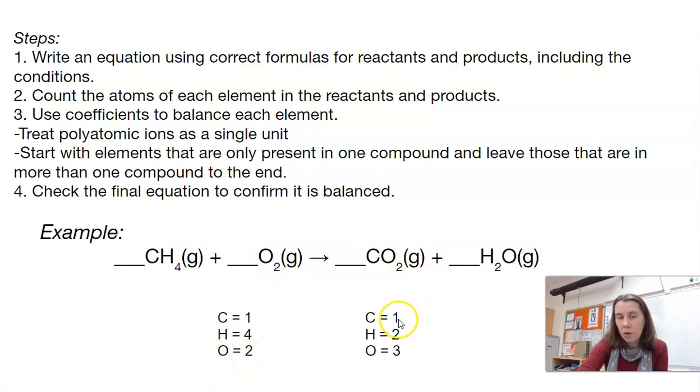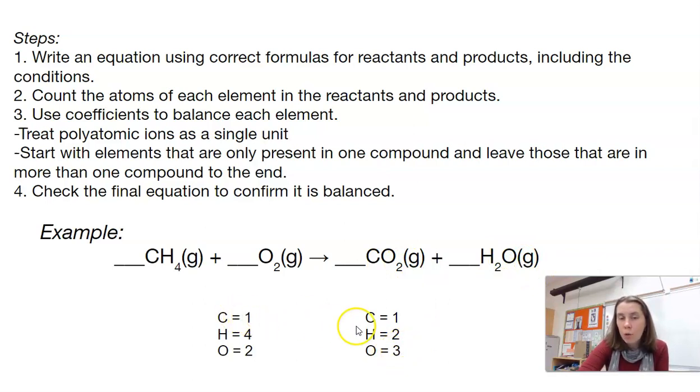Over here, we already counted the 1 carbon, 2 hydrogens. It's helpful, I think, to put your little tally of how many of everything you have in the same order for both sides, even though they don't necessarily appear in that order. For the oxygen, we have oxygen in 2 spots here, so you need to make sure that you count both of them. So we have 2 here and 1 here. That's 3 total oxygens.